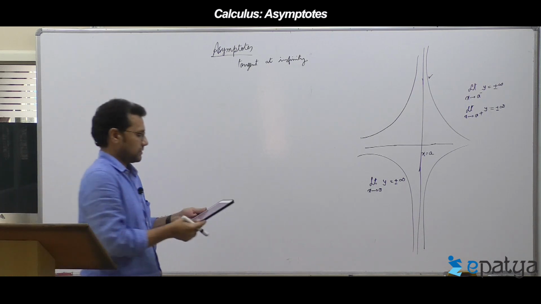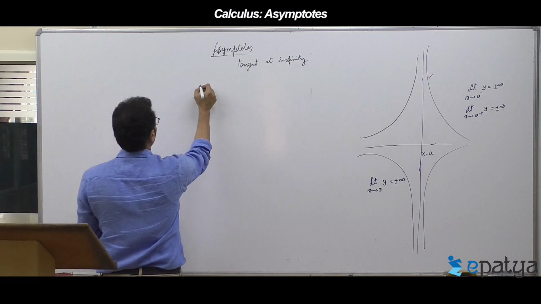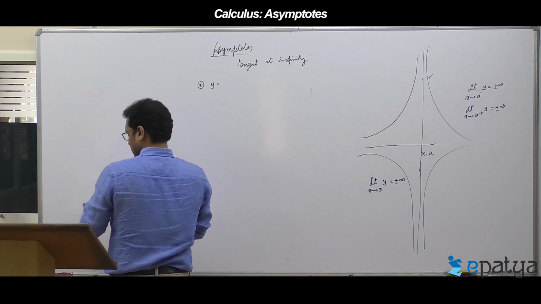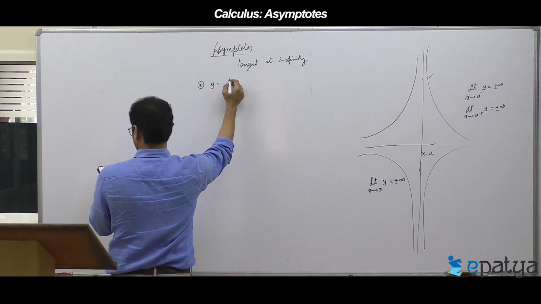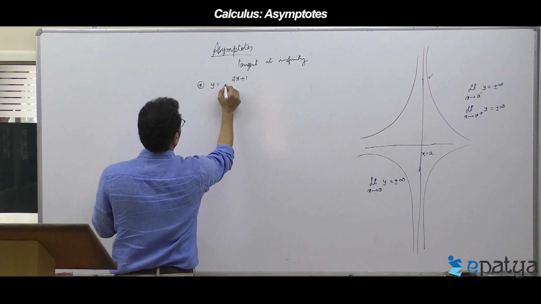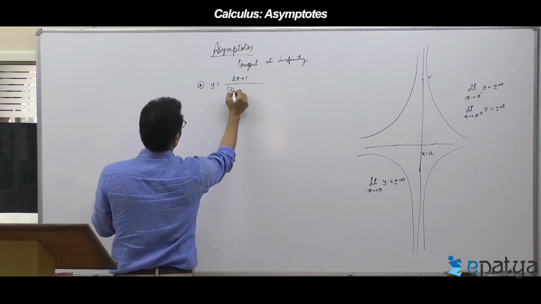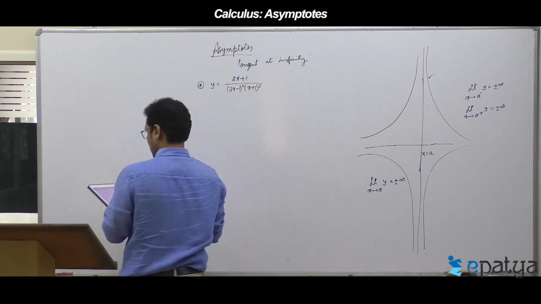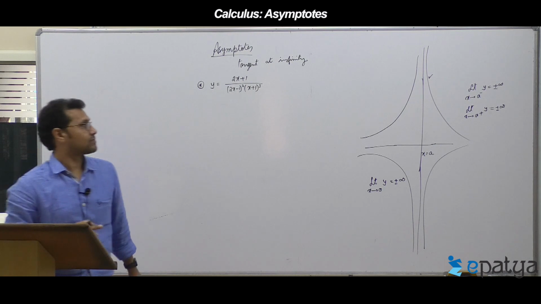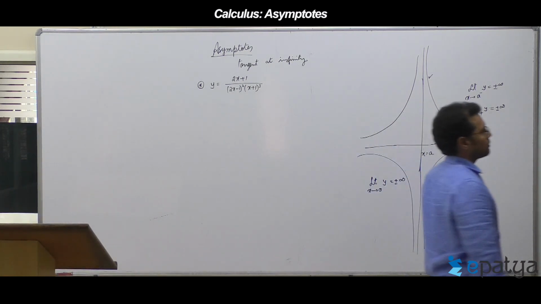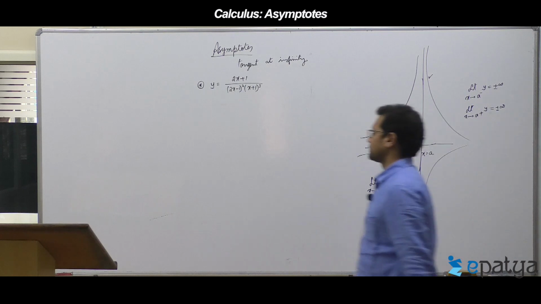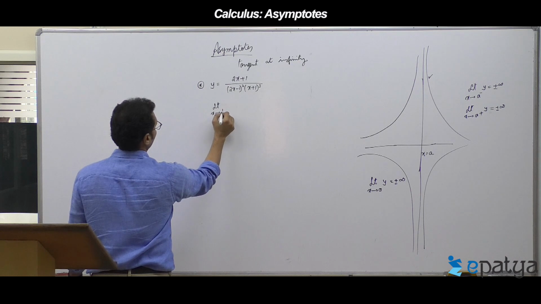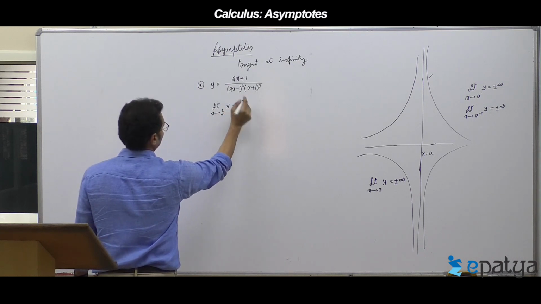Okay? Take a question. Find the vertical asymptotes of y equal to (2x plus 1) by (2x minus 1) whole square into (x plus 1) whole cube. One thing we can clearly see is as the limit x tends to half, y goes to infinity, whatever might be the infinity.